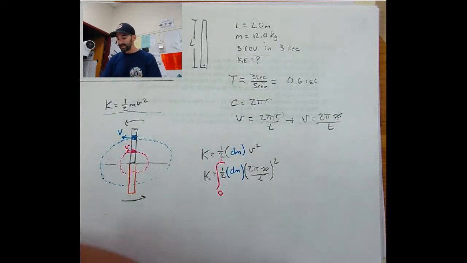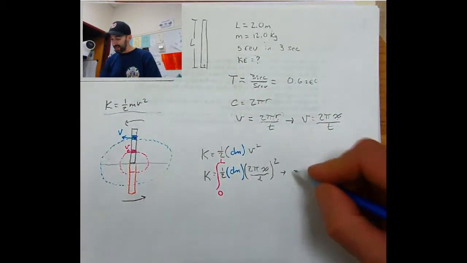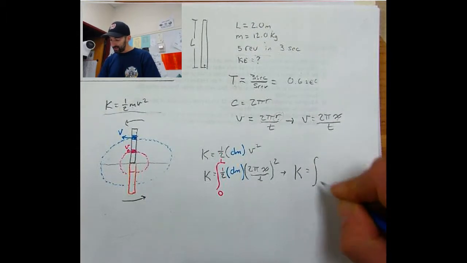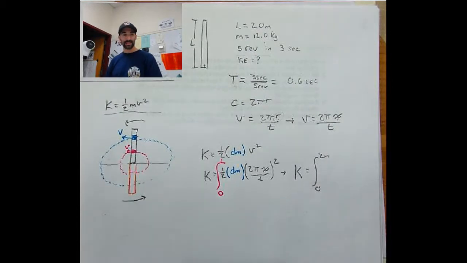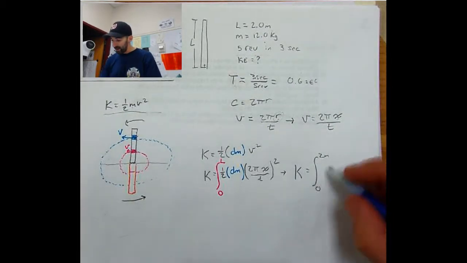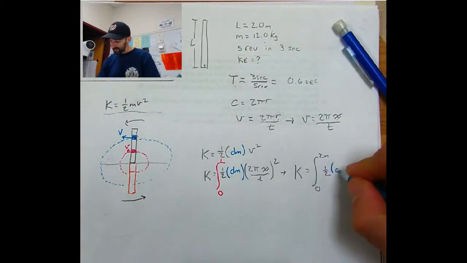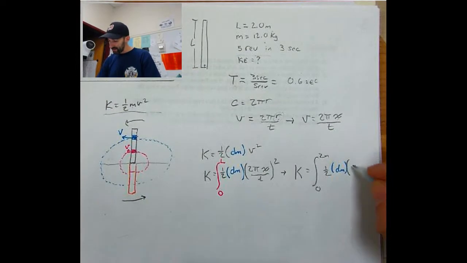If I wanted to, since I know my terms, I can say that I'm looking at the kinetic energy, antiderivative from 0. I know my bar is 2 meters. That's my length of 1/2 times my differential mass unit times 2 pi x divided by t.